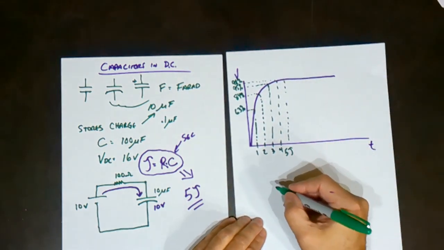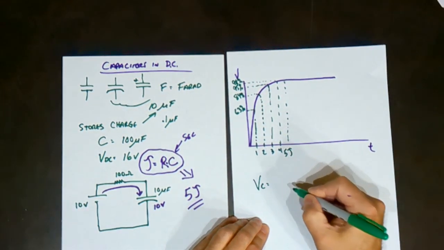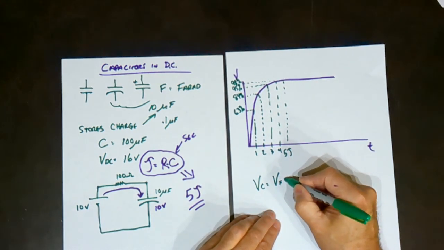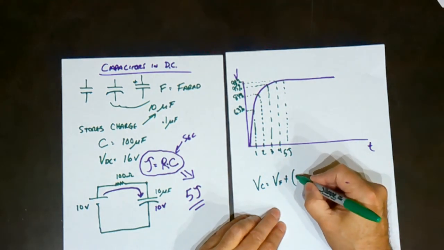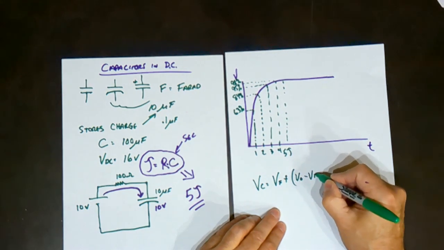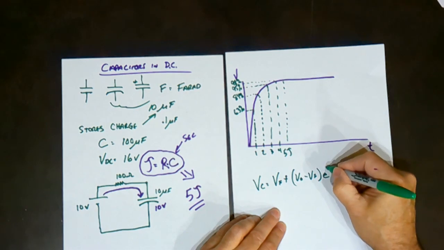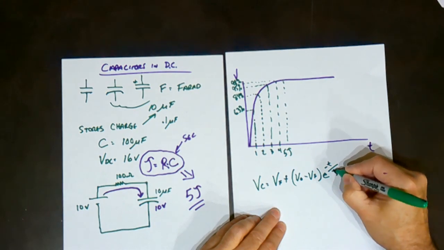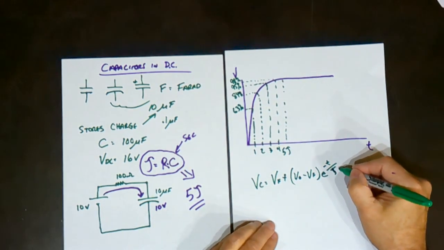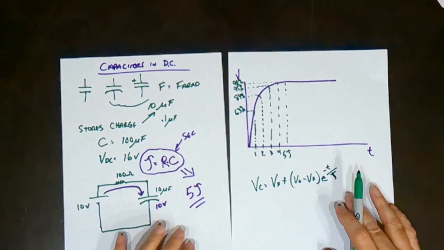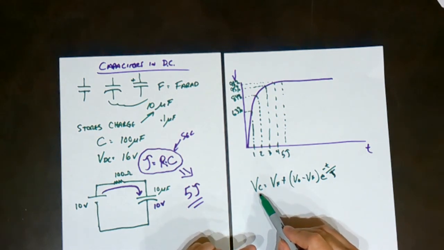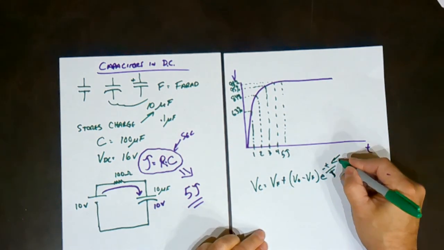This graph is created by this formula. Voltage on a capacitor is equal to final voltage plus the initial voltage minus the final voltage, times e to the minus t over tau. So basically you apply this formula and it will give you the charge on the capacitor at any moment in time.